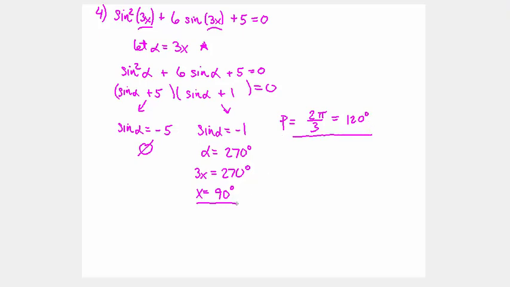So if I add 120 to my original solution of 90, I'll get another solution. 90 plus 120 is 210. Notice that's still within one wrap of the circle, so that's a valid solution. I would keep doing this as long as I stay within one wrap of the circle.